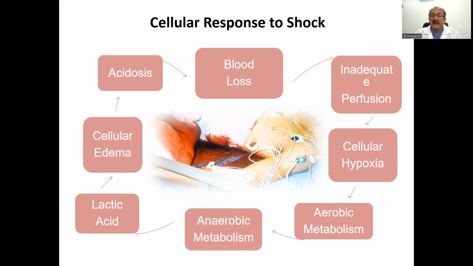Aerobic metabolism becomes disturbed and it switches over to anaerobic metabolism, but at the cost of production of lactic acid, cellular edema, and acidosis. And finally, if we have continued blood loss, this vicious circle continues, and finally we lead to the lethal triad. We will also discuss what the lethal triad is in the next slides. So this is happening at the cell level.